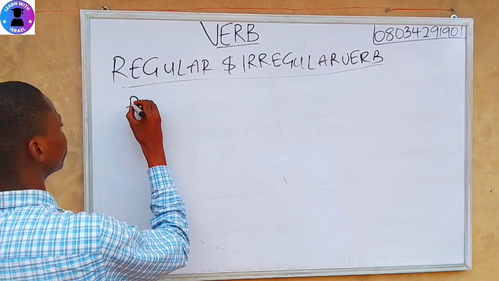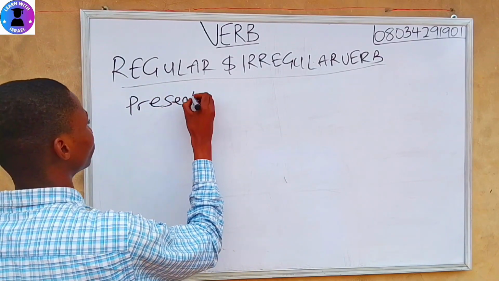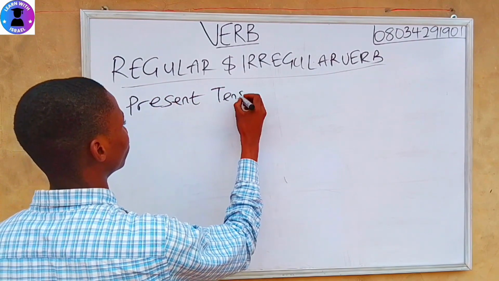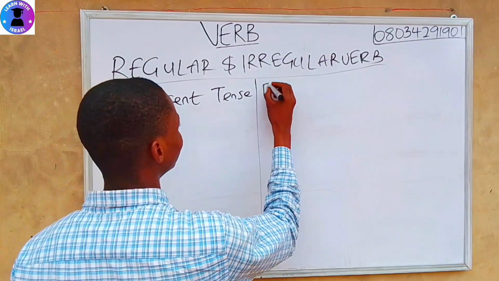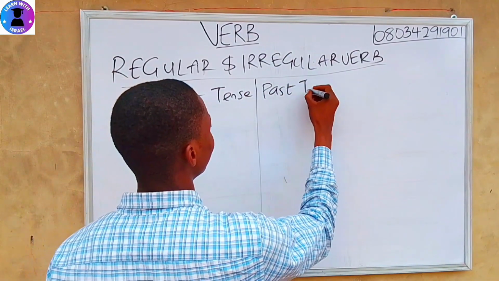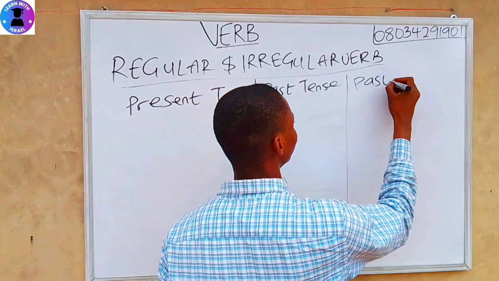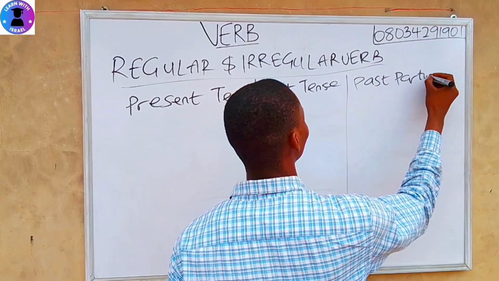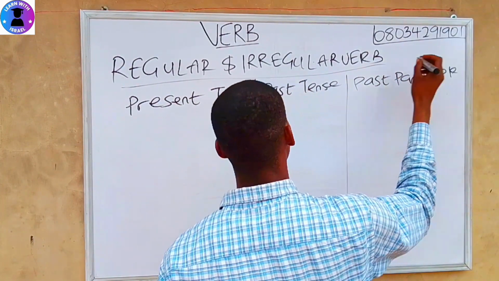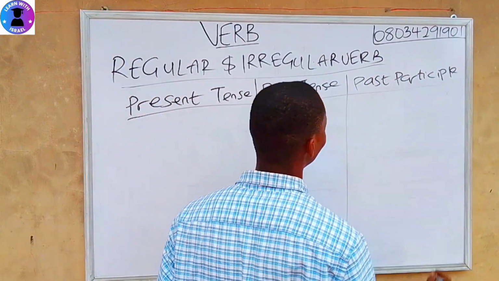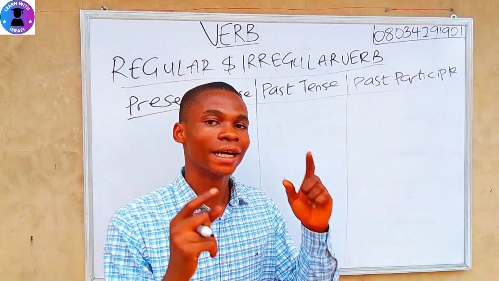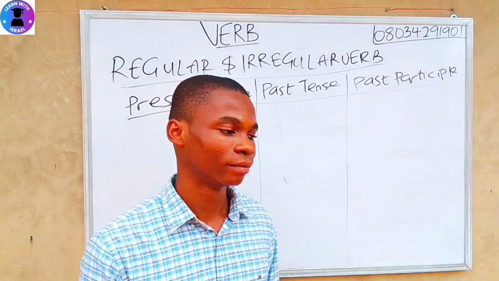Present tense, past tense, past participle. So we stop at write, wrote, written, and this is under irregular verbs.